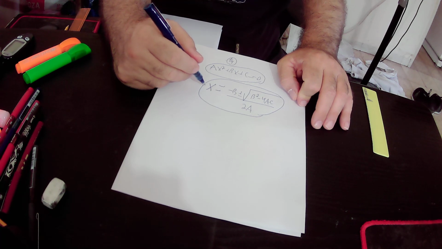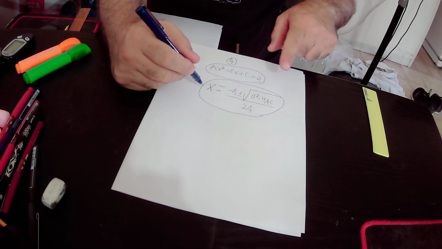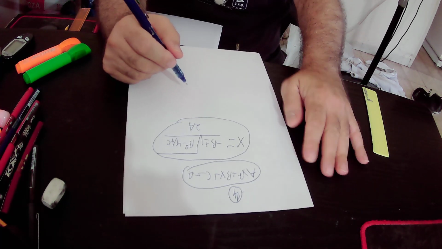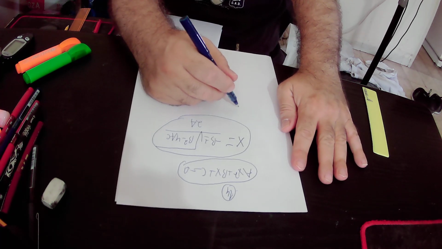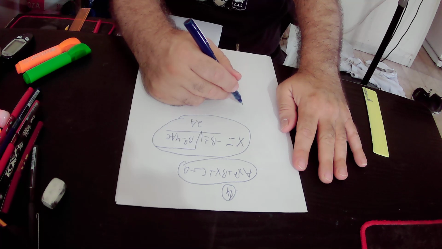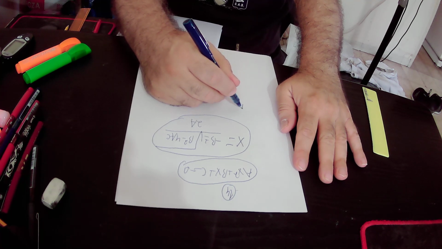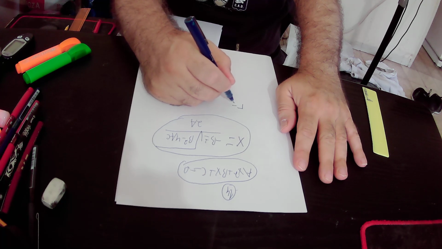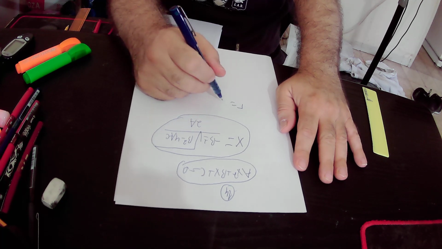We know that x equals r, and we have already found the values of a, b, and c, so we will substitute x by r, because in our quadratic equation the variable is r, that is the radius of the semicircle. r equals minus b.